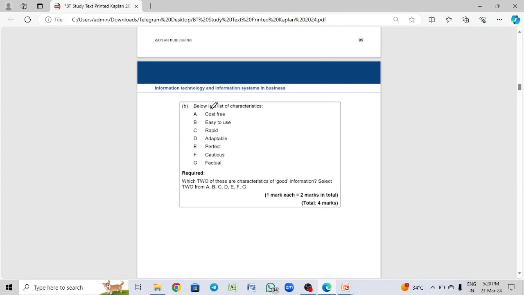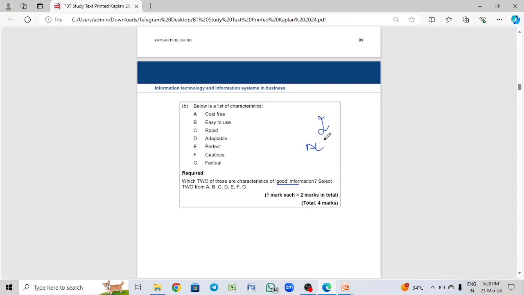Now below is the list of characteristics: cost free, easy to use, rapid, adaptable, perfect, cautious, and factual. Which two of the following are the characteristics of good information? Okay, we need to select two. Now we have an acronym, ACCURATE.